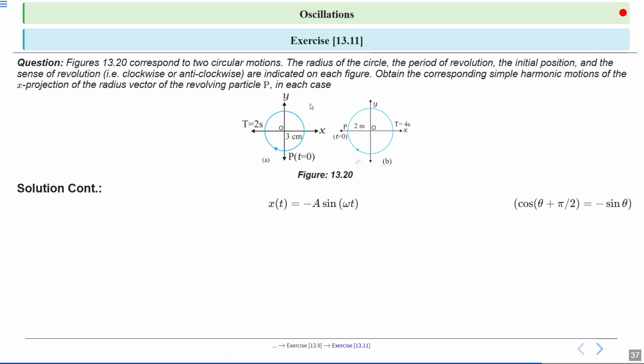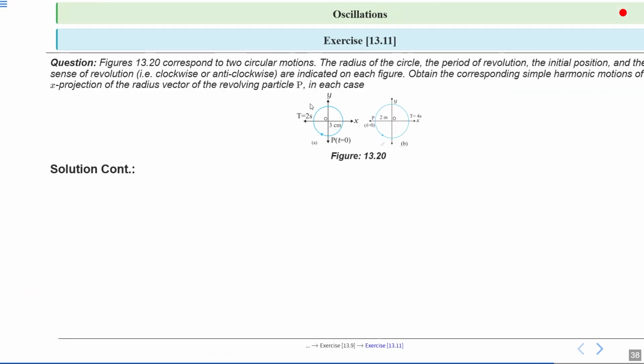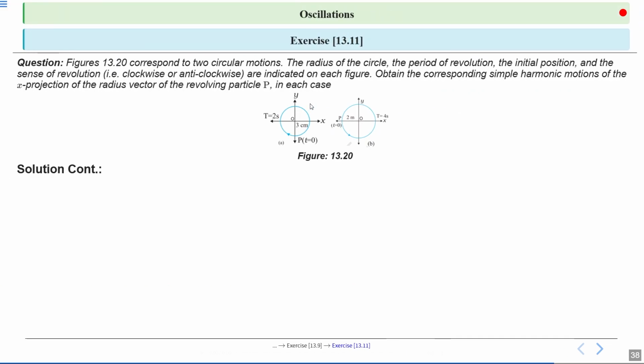So using equation 13.7, putting the value of omega equal to 2 pi by T, it will be x of t is equal to minus a sine 2 pi by T into t, that is, minus a sine of 2 pi t divided by T.